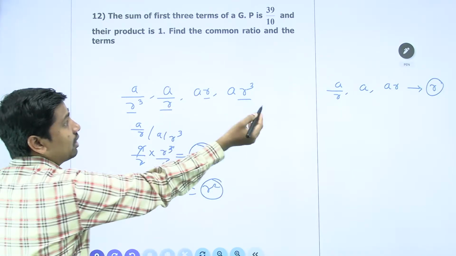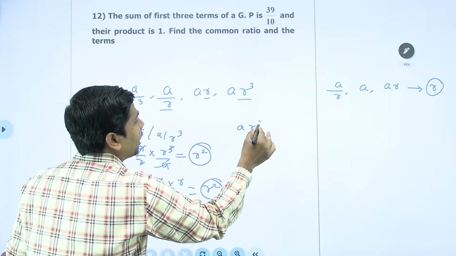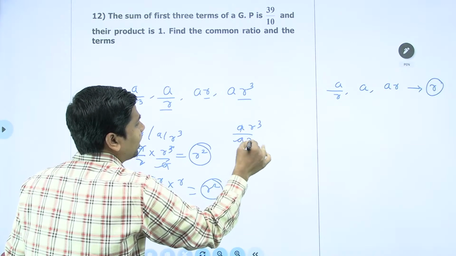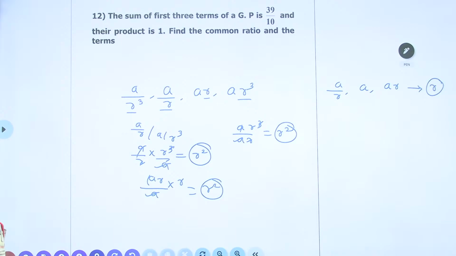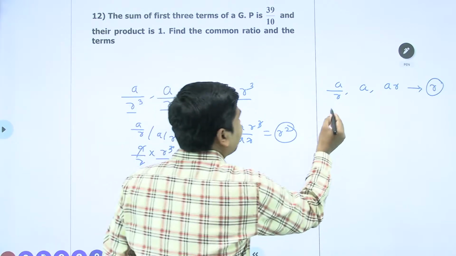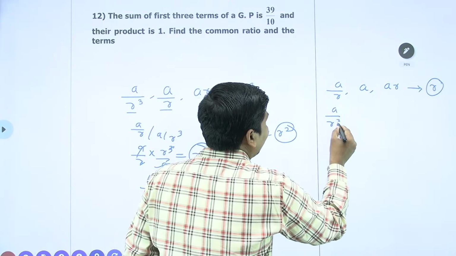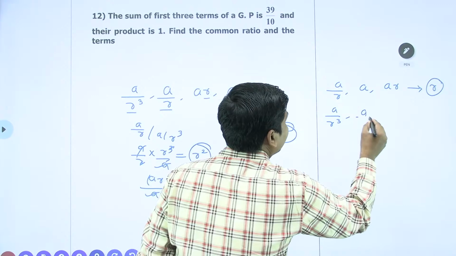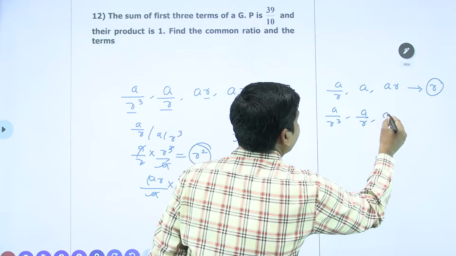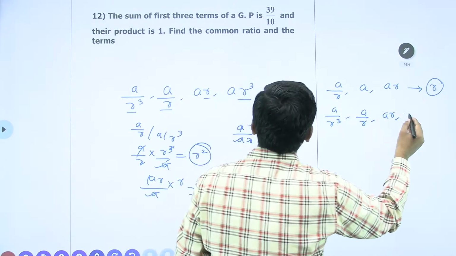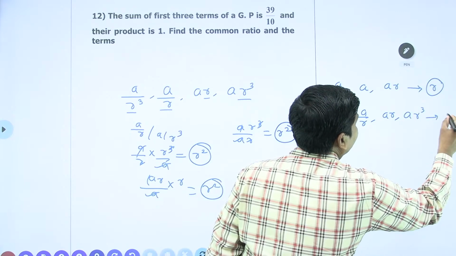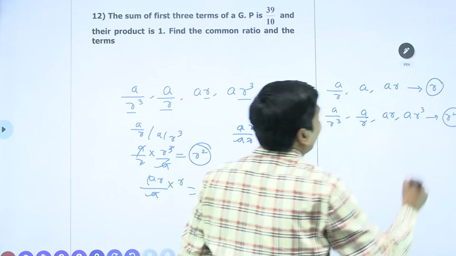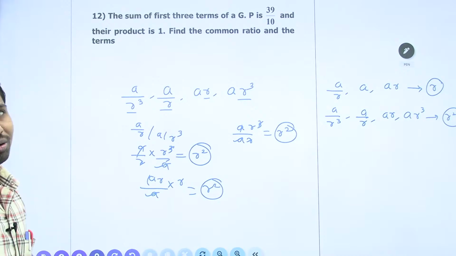Again, T4 by T3, AR cube by AR, A gets cancelled. What is left out here again? R square. So four terms of a GP have to be taken as A by R cube, A by R, AR and AR cube, where the common ratio will be R square.